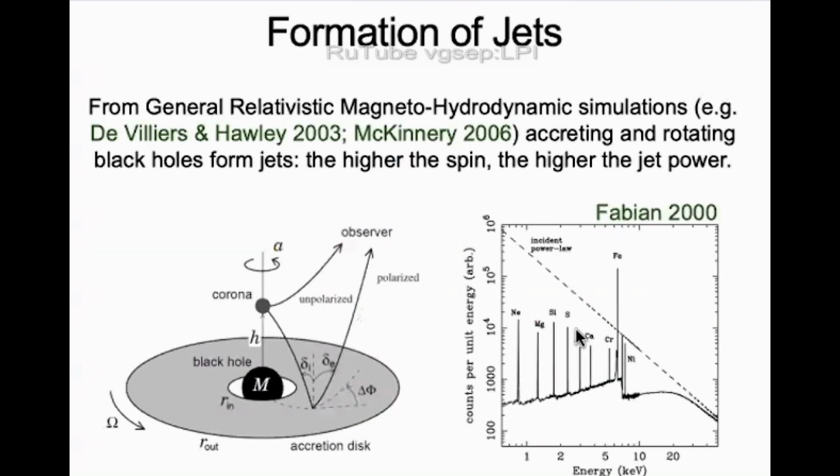We know from general relativistic magnetohydrodynamic simulations that accreting and rotating black holes can actually form jets. The higher the spin, the higher the jet power. It is generally believed that a supermassive black hole exists at the center of nearly all large galaxies.